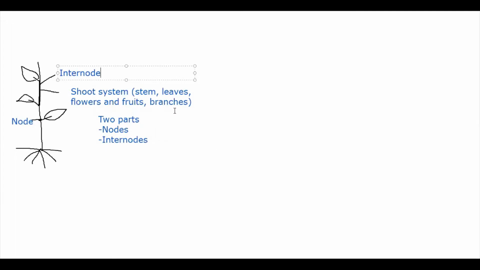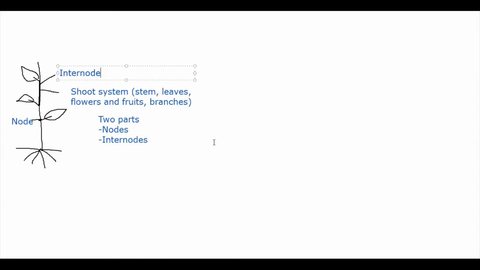Okay, so the node is a point on the stem where leaf, branch, or bud arises. So these points, these 3 points, what you can see where leaf has arisen is known as a node, and the portion between these two leaves, this portion is known as the internode.